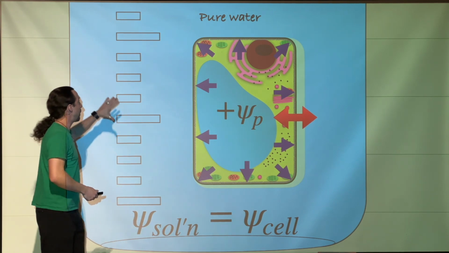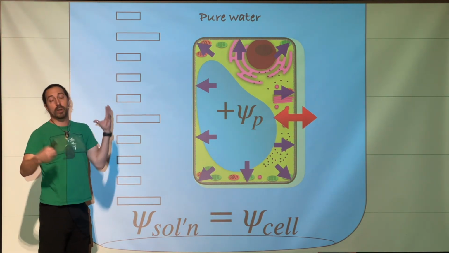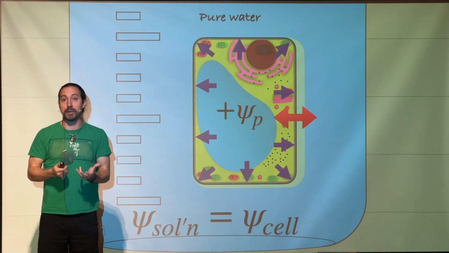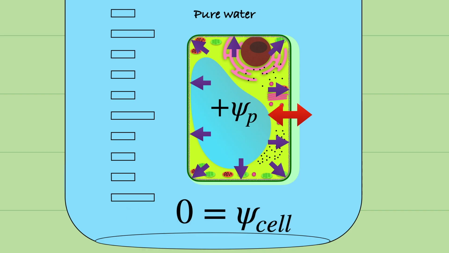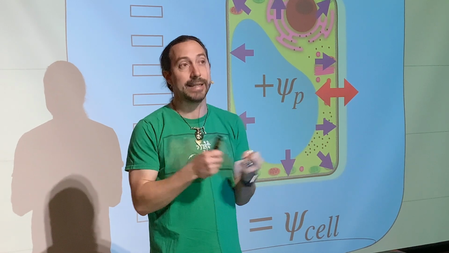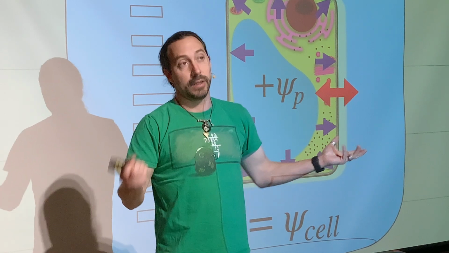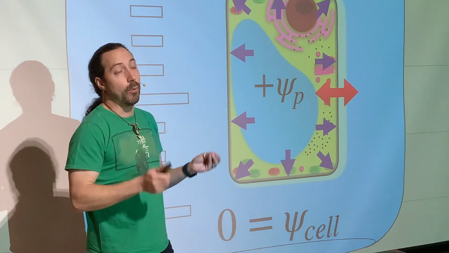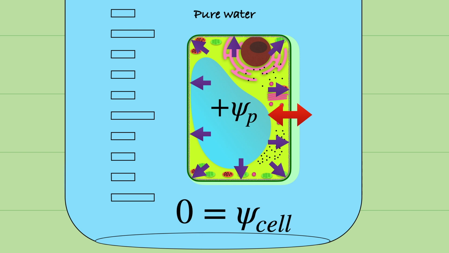We also know that because this beaker is pure water in an open container, its actual water potential is 0, because the pressure potential, being an open container, is 0, and pure water, because it has no concentration of any solute in it, would also be 0. But that does not mean that we can actually figure out what the different potentials are within the cell.